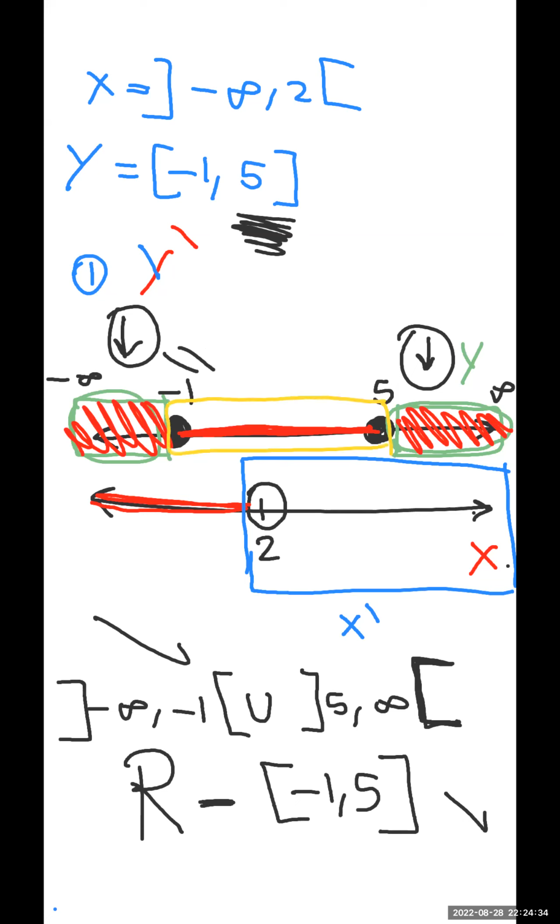All the number line means real numbers, except this part, -1 and 5. I already have -1 and 5, so close it from here and here. That's it. Okay? Thank you, teacher. Okay, very good.